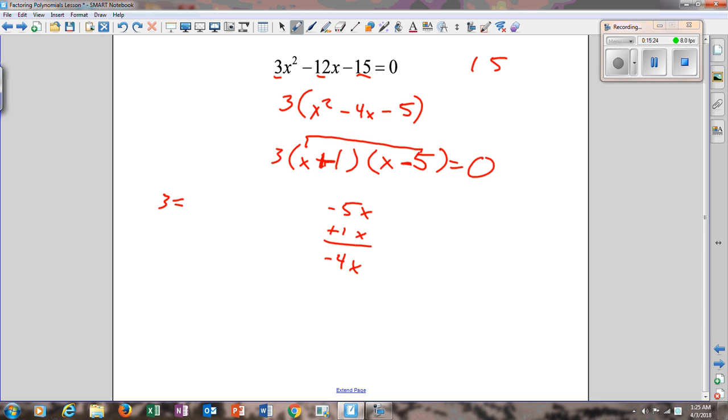It's going to be 3 equals 0, and that's never true, so that's not going to be one of your answers. But it's x plus 1 equals 0, and x minus 5 equals 0. So this becomes x equals negative 1, and x equals 5.